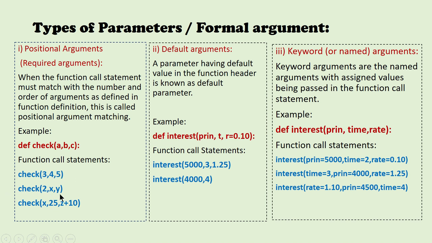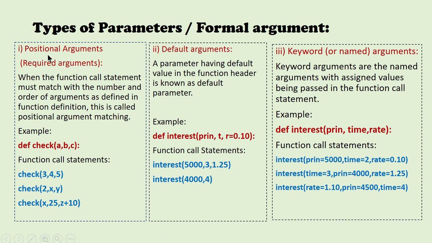Yes, it is still valid. There are 3 parameters. The values of x and y must be initialized before that, so it is valid. And this is also valid: check(x, 25, z + 10). The x value will be given to a, 25 will be given to b, and whatever the z value plus 10 is will be given to c.